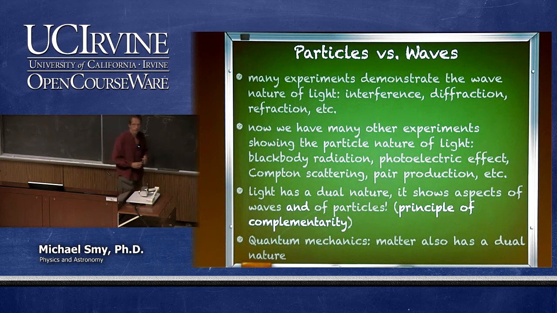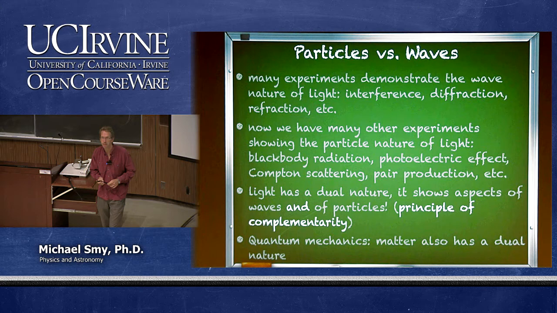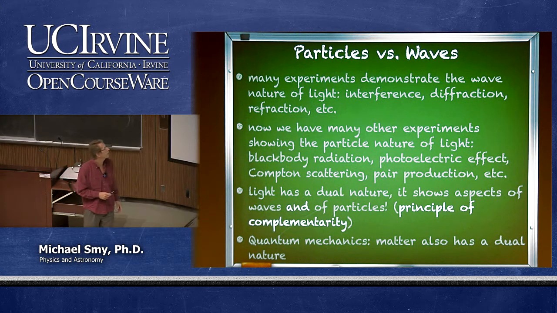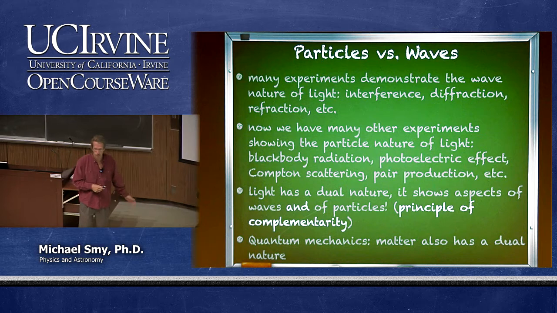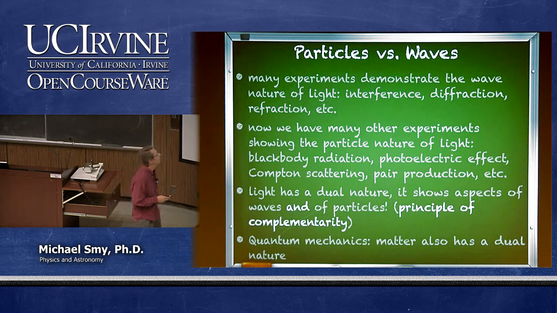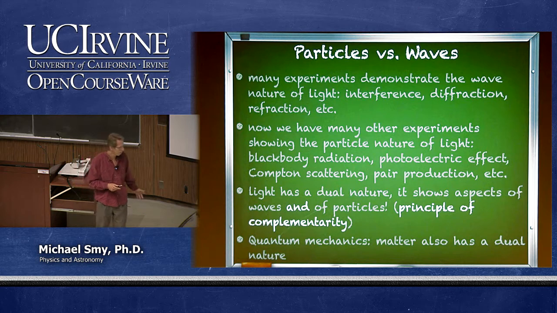We have seen in the last few weeks a lot of experimental evidence that electromagnetic waves and light are a wave. For example, we looked at interference and diffraction and refraction and all those effects that depend on wavelength and on phase. It seems to prove beyond any doubt that light is a wave phenomenon.